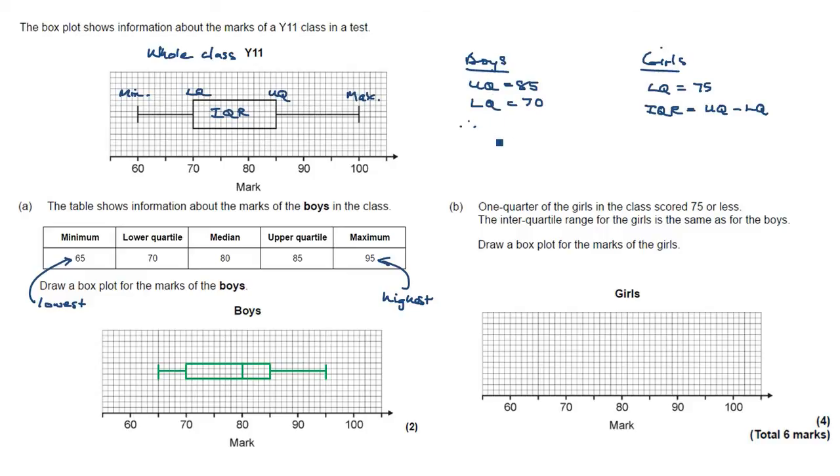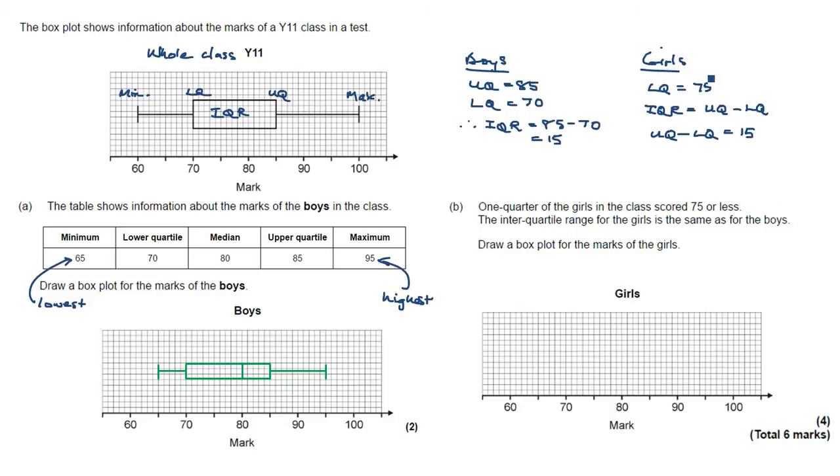So we've got the interquartile range, just to complete our summary statistics here, is 85 minus 70 equals 15. So the interquartile range is the same for the girls. So the upper quartile minus the lower quartile equals the interquartile range. So the upper quartile minus the lower quartile must equal 15.